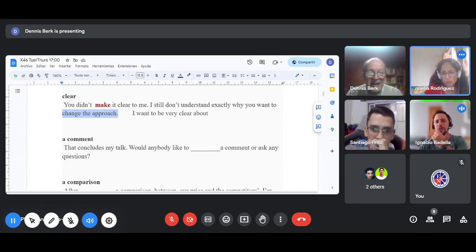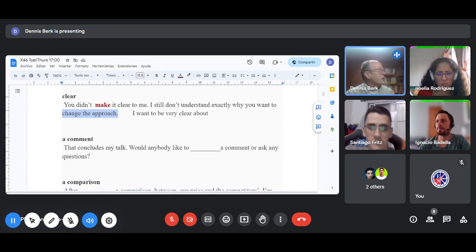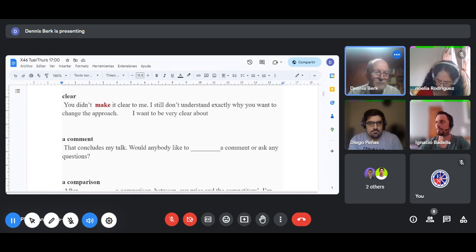Yes, your point of view, exactly. I want to be very clear. So you want to be very clear about it, no? The approach is the way you approach something. Your approach is how you tackle something also. The way you take decisions, for example.